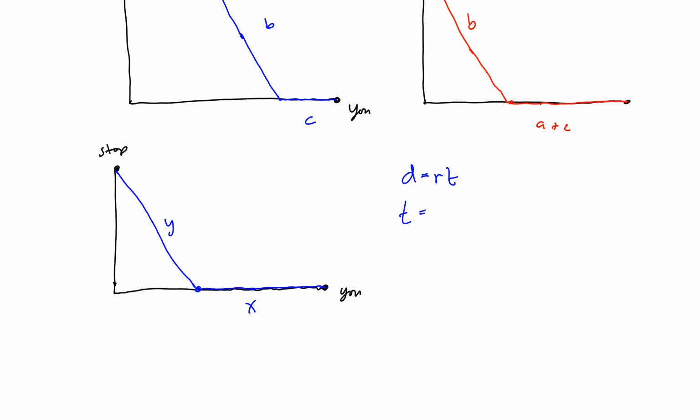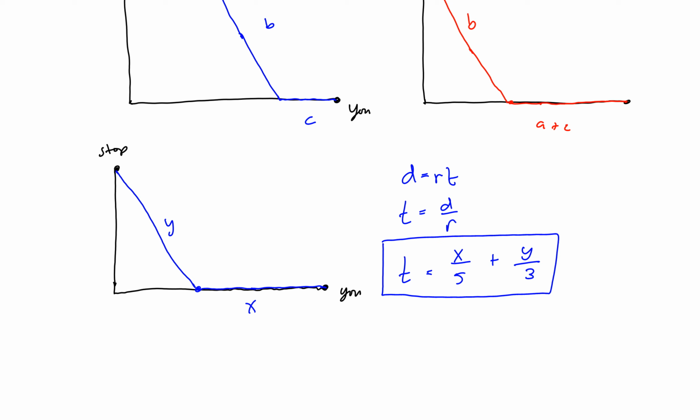So that means time is equal to the distance divided by the rate. So our total time here would be the distance traveled on the sidewalk, x, divided by the rate you can run on the sidewalk, plus the distance traveled in the grass, divided by the rate you can run in the grass. So this would be our equation here for the total time taken.